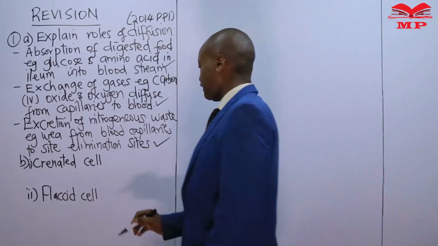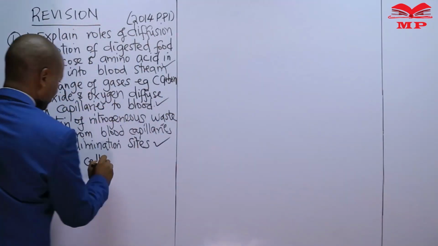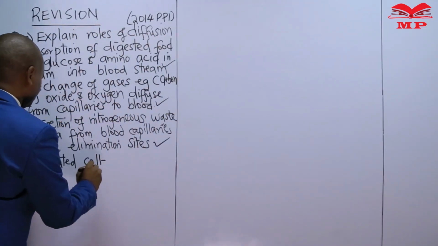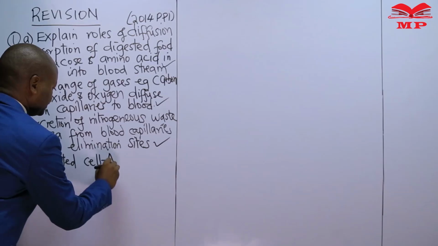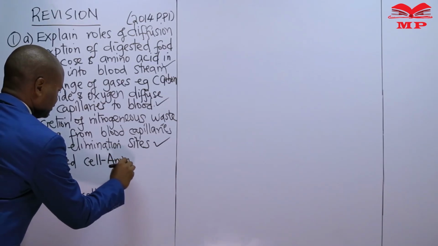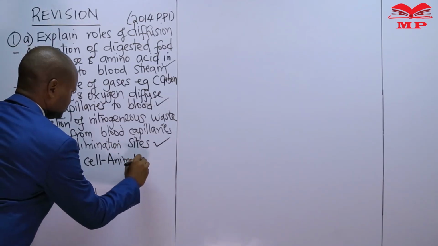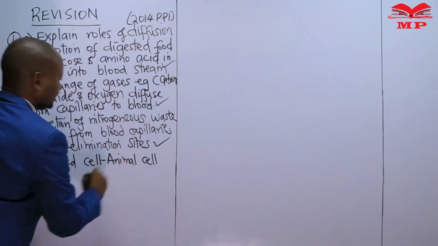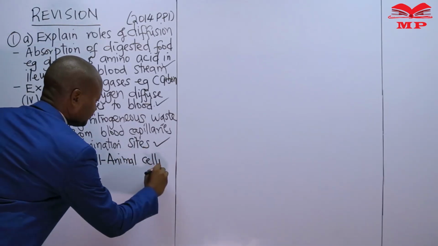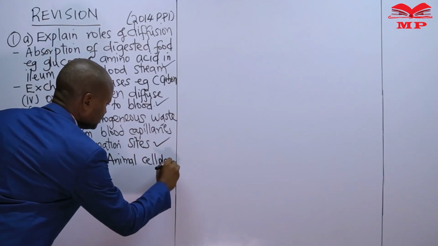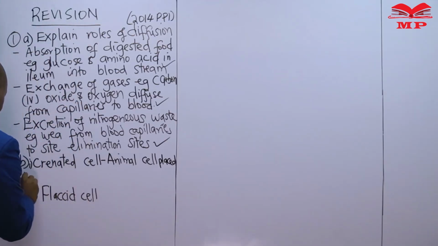So the learner here was supposed to respond by stating that this is an animal cell, like the red blood cell, and this animal cell is placed in hypertonic solution.